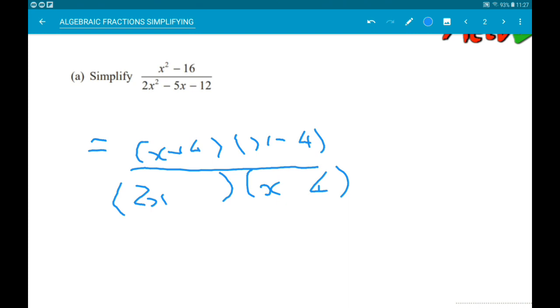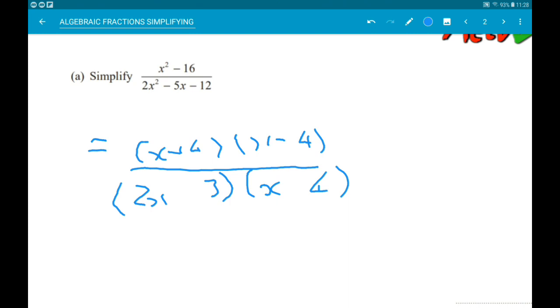Now at the moment we don't know positive or negative. We'll work that out. Now we do know that at the end we have this minus 12. So that means in the bracket with the 2x we're going to have a 3. Now then, one of these numbers on the bottom is positive, one is negative to get the minus 12. So we want to end up with a minus 5x.